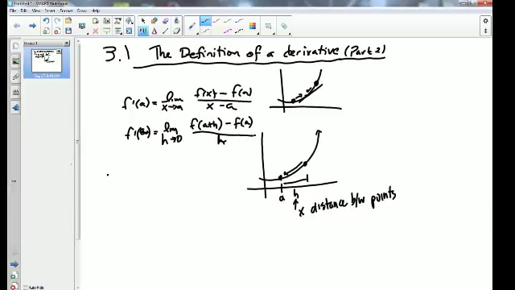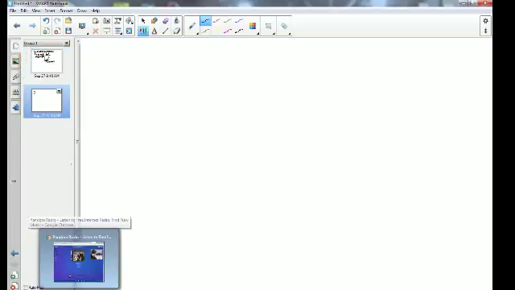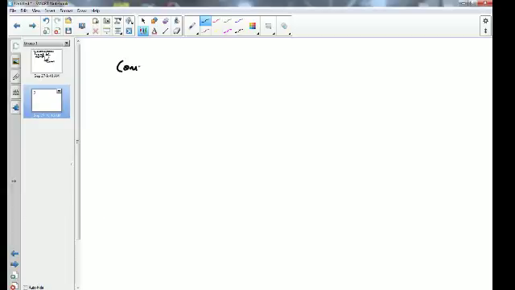All right, let's try one. Compute f prime at 3, where f of x is x squared minus 8x.